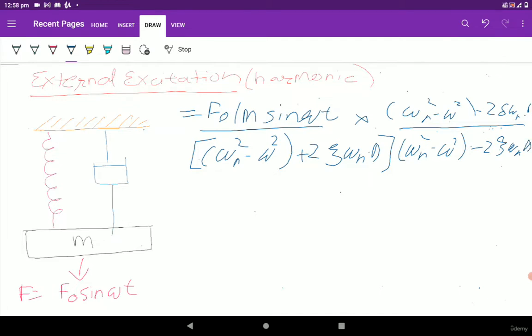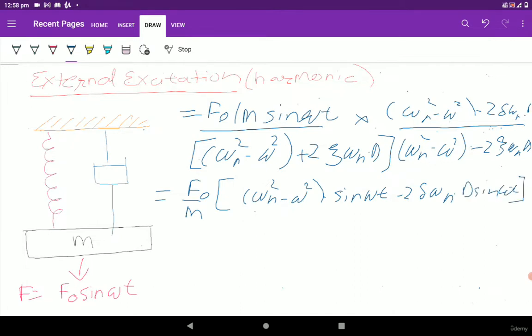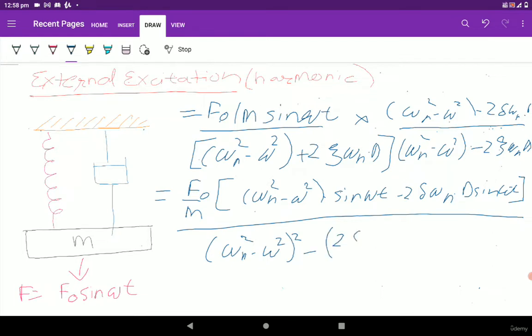So let's further solve it. We are going to get F naught by m in bracket omega n square minus omega square sine omega t minus 2 zeta omega n D sine omega t, divided by omega n square minus omega square whole square minus 2 zeta omega n square D square.